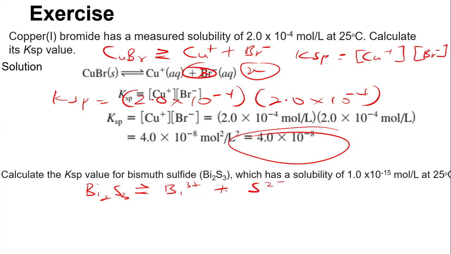Now we have 2 moles of this, then we have 3 of this, right? So this is how the equation is. The Ksp expression would be the concentration of Bi 3 plus all raised to the power 2 multiplying the concentration of sulfide all raised to the power 3, right? So that is it.